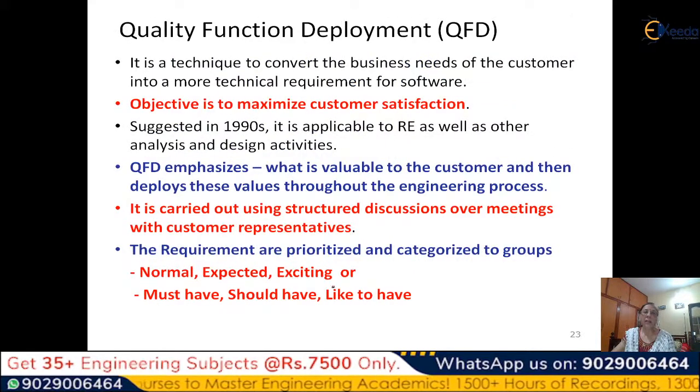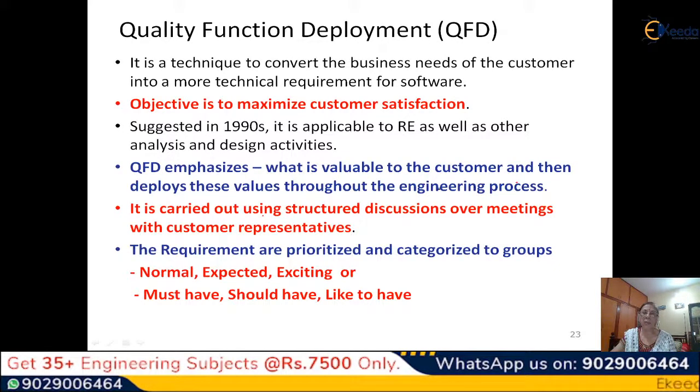Then comes the second one, which is known as quality function deployment. It is a technique that converts the business needs of the customer into more technical requirements for software, and the objective is to maximize customer satisfaction. It's a very old technique, suggested sometime in the 1990s. Basically it emphasizes what is valuable to the customer.